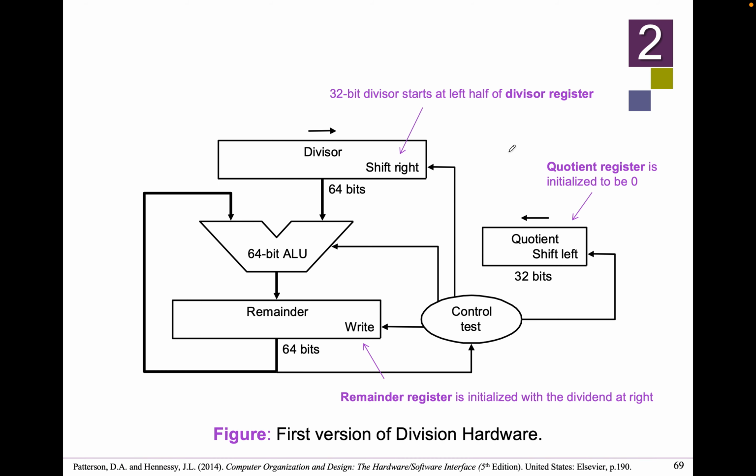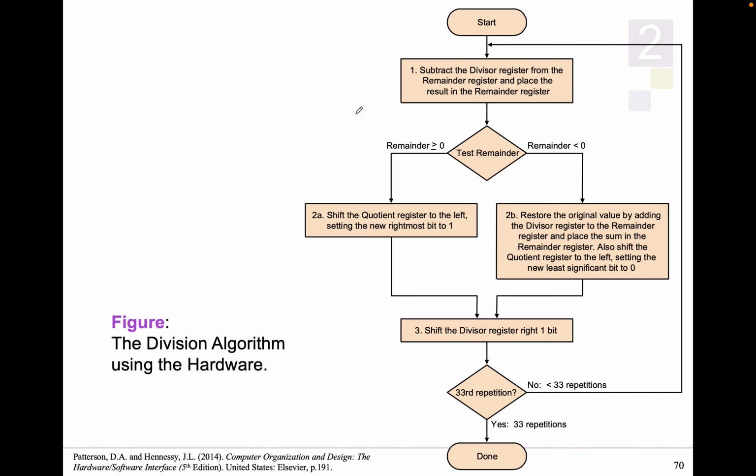Okay, next, instead of just using these rules, you can also directly use the method which we call the first version of division hardware, which is similar to the multiplication one but different in the steps. So the first step is you need to subtract the divisor register from the remainder, and so on. You can read it later on.